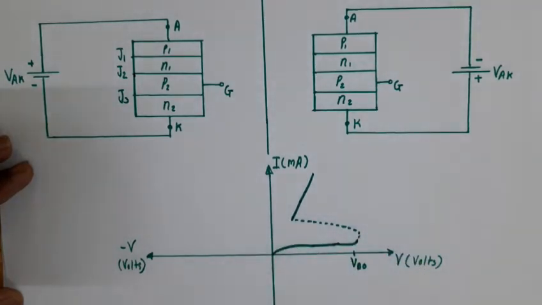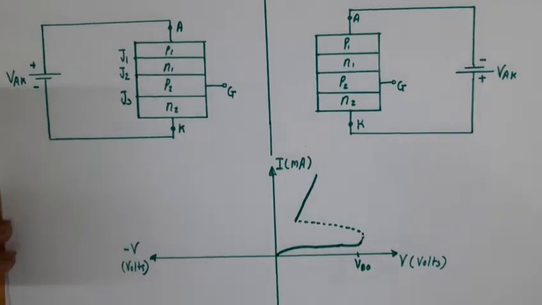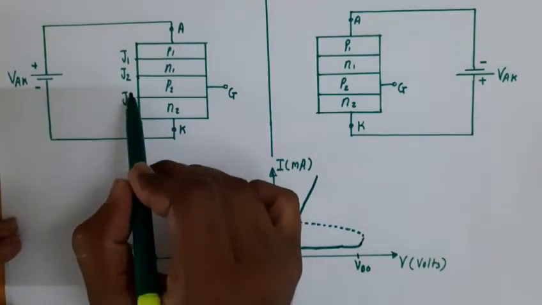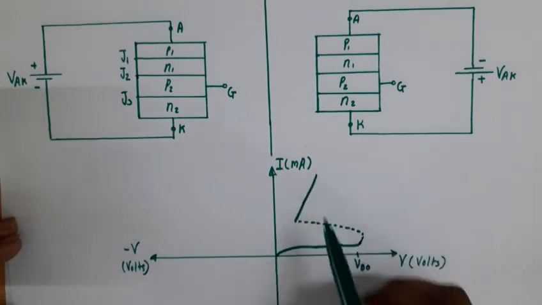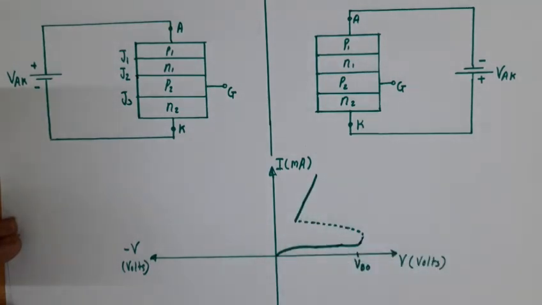So this type of breakdown is known as avalanche breakdown, where large amount of current start flowing through the junction. Since the junction J1 and J3 are in forward bias, a high current will flow through the device. Under this condition, the resistance of SCR is very low and the forward voltage drop is also low. The SCR behaves as a conducting diode.